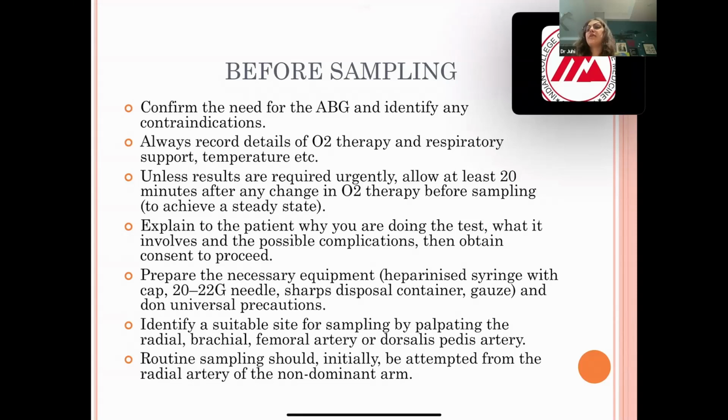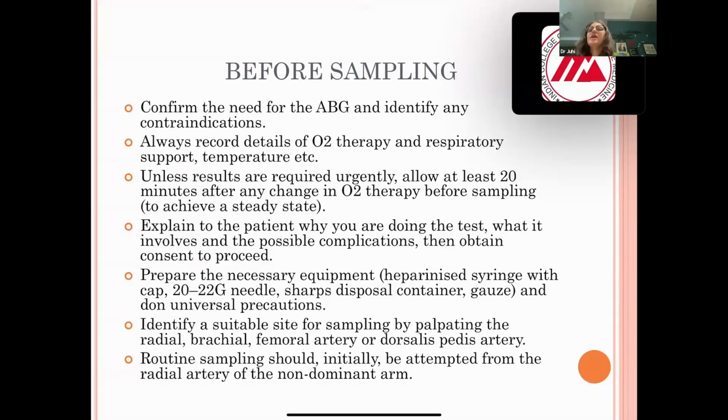When you do an ABG, if the patient is having some oxygen, supposedly 5 liters via face mask or 2 liters via nasal prongs, or on a ventilator with FiO2 this, tidal volume this, you need to record all this on the ABG, because the PO2 level, CO2 level, everything we'll judge on the basis of whatever details you've recorded on the ABG. Plus temperature is important, because temperature has a major role. If you have a high or low temperature, then the ABG will also vary.